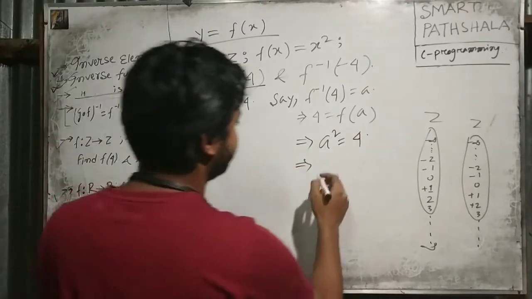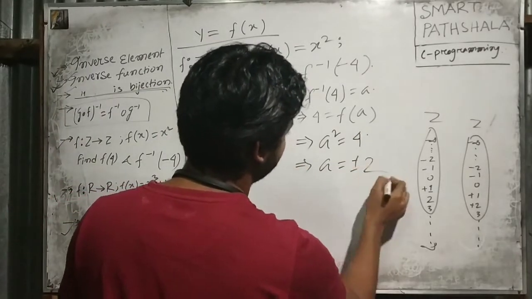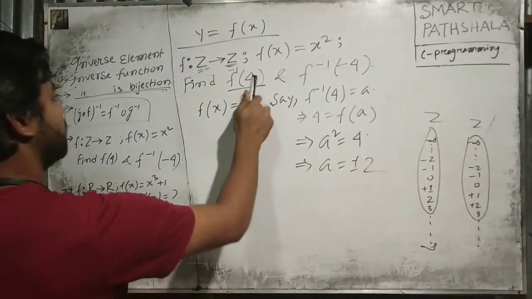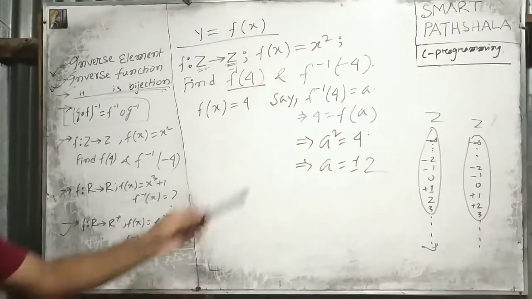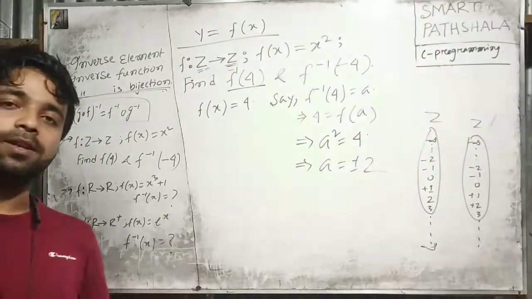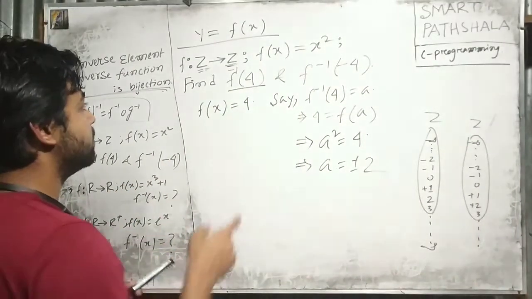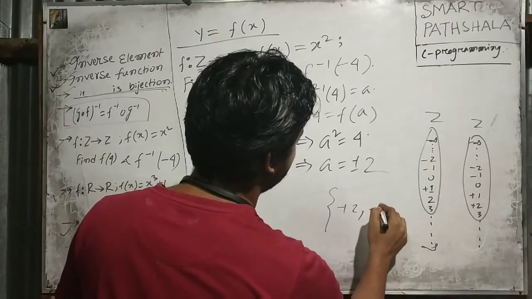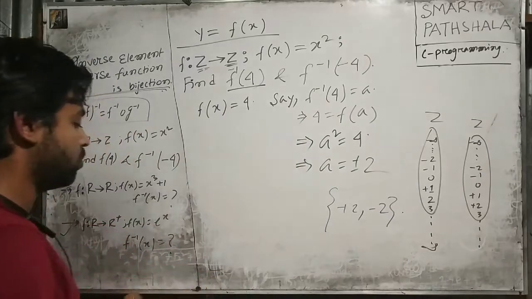Now what will it give? It will give a is equal to plus minus 2, which means that this element has two pre-images, and those pre-images are plus 2 and minus 2.